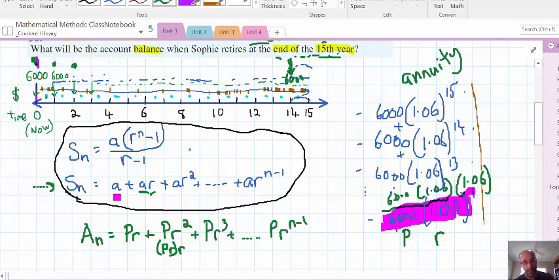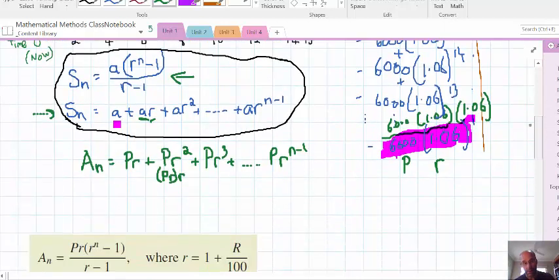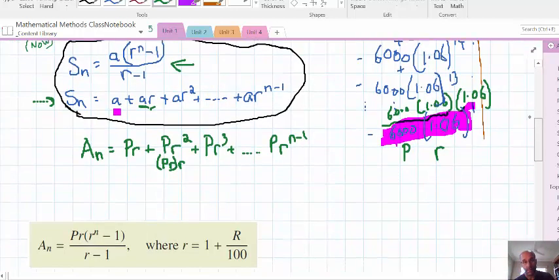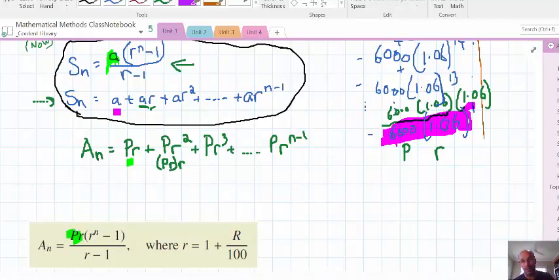And we finish it off as per the general series. So to come up with a formula that can be an equivalent to that, and A stands for accumulated amount, we can see a few things here. The first term was just PR. Normally it's called A. So instead of having A out the front, we have PR.